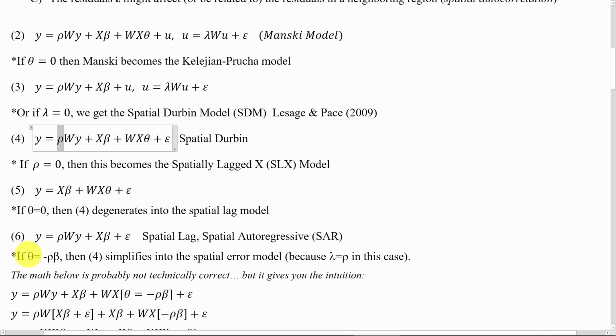If that happens to be true, and we can test to see if this is true using the data, then equation 4 here, the spatial Durbin, will simplify into just a spatial error model. And why is that? Well, because basically what happens is if theta is exactly equal to minus rho beta, lambda is going to be the same thing as rho.